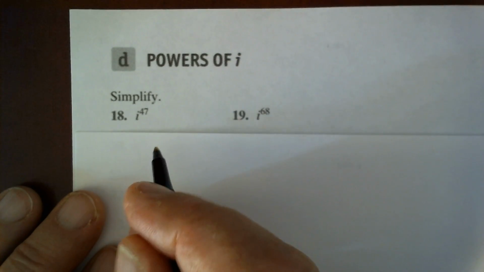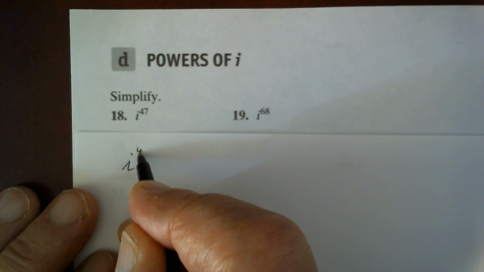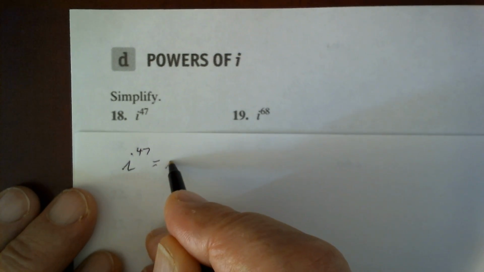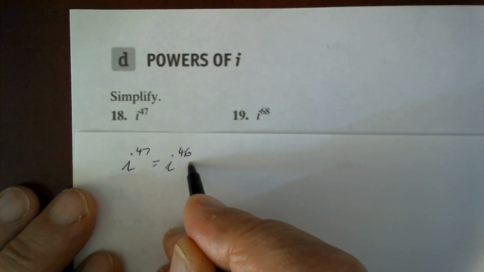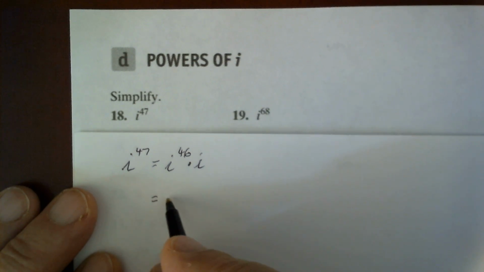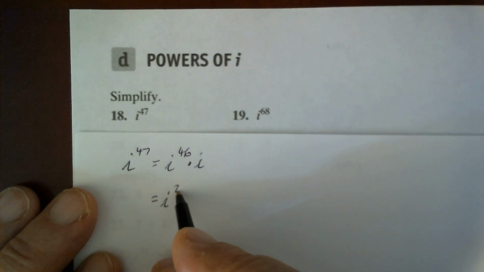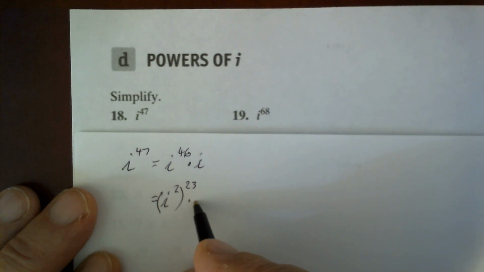So keeping in mind what I just explained, we're going to rewrite i to the 47th as i to the 46th power times i. And now we're going to write i to the 46th as i to the second power raised to the 23rd power times i.